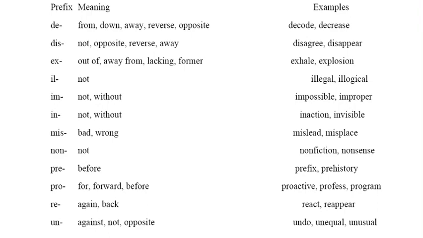Re means again, back, like react, reappear. Next we find un. It means against, not, opposite, like undo, unequal, unusual. So these are the common examples of prefixes.